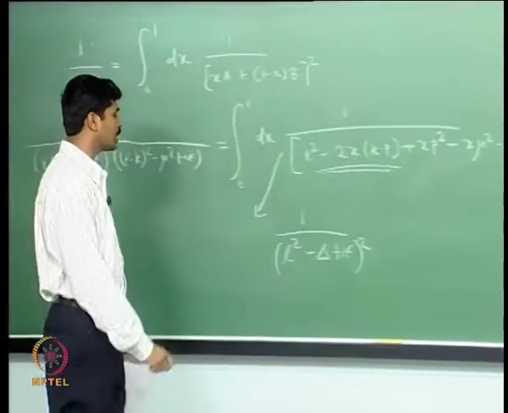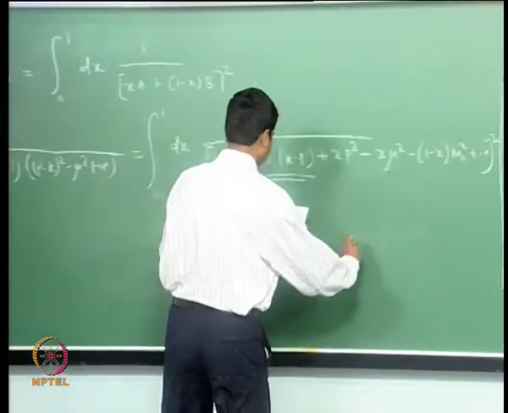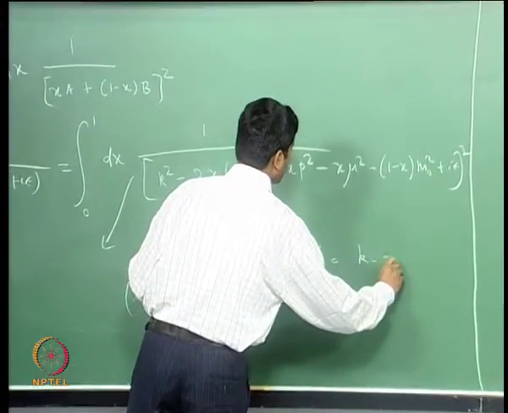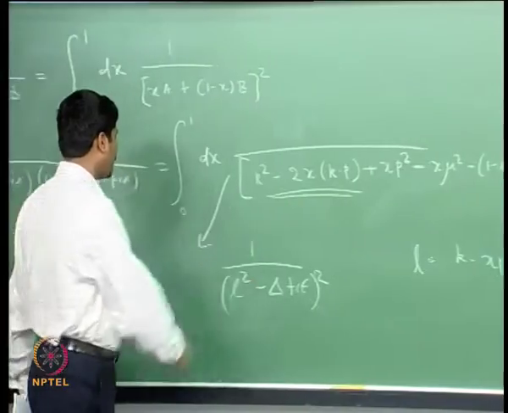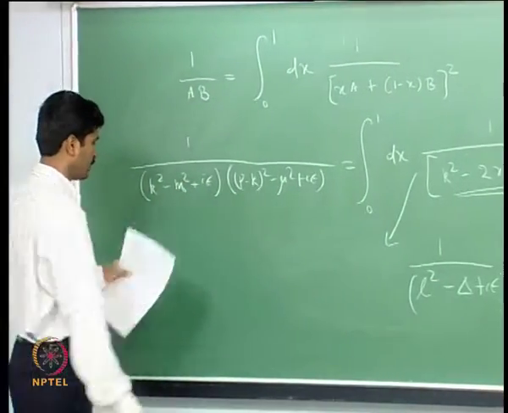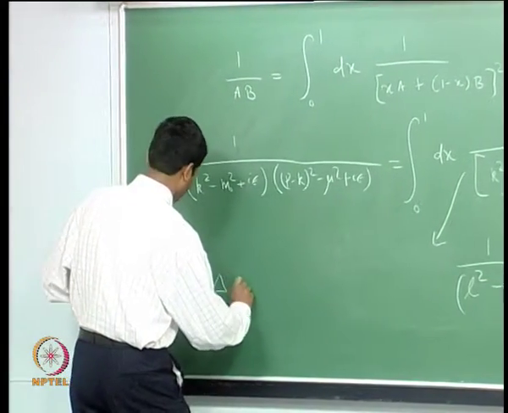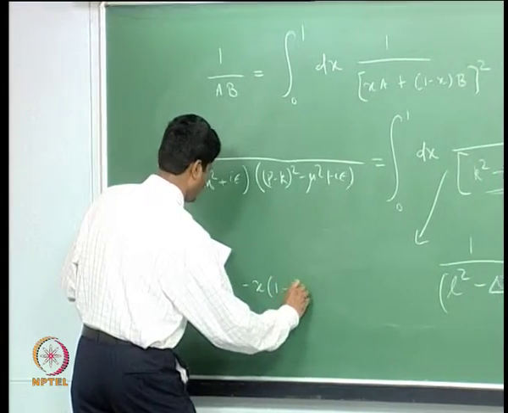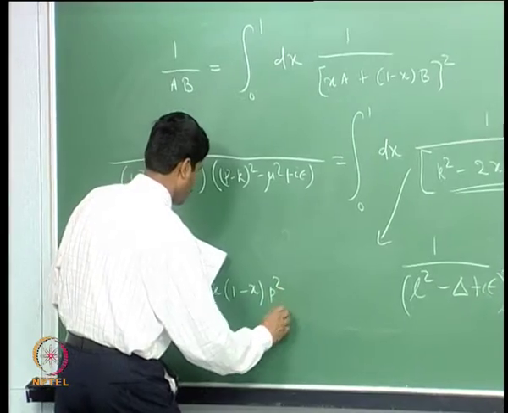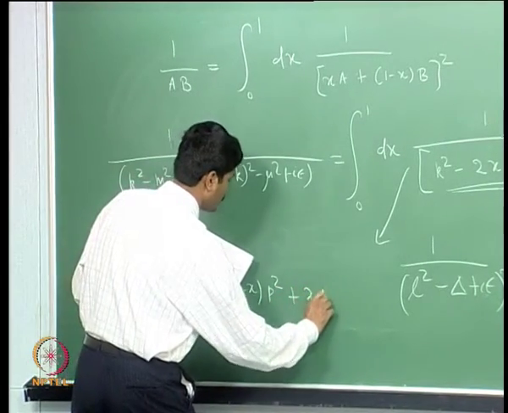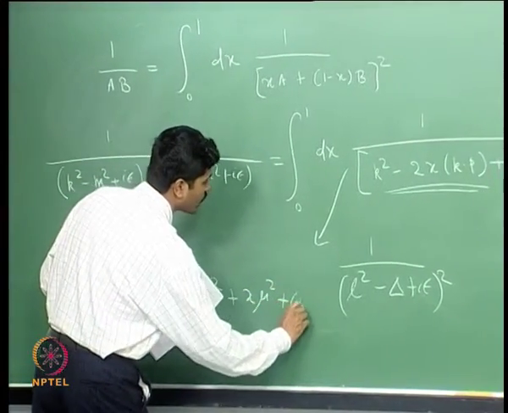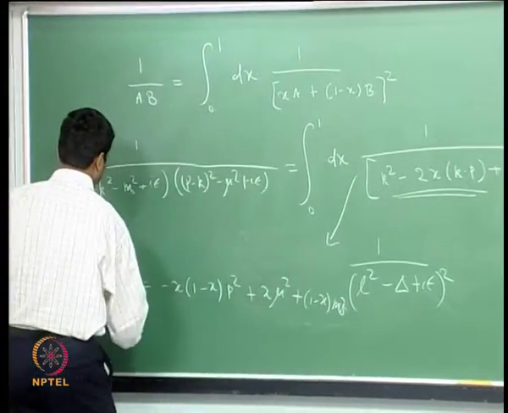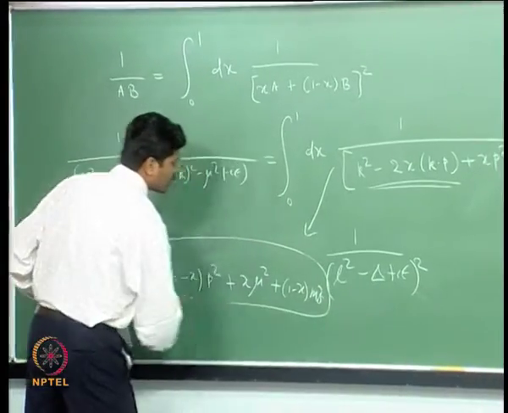So you can see that if you use L equal to k minus x p, then delta is equal to minus x (1 minus x) p square plus x mu square plus (1 minus x) m0 square. This is the expression for delta.